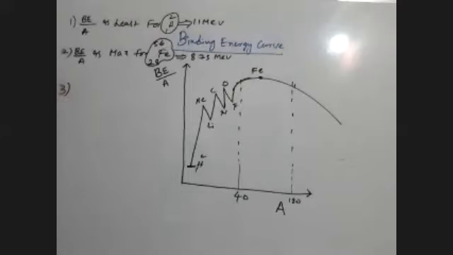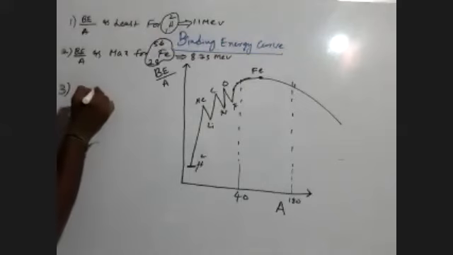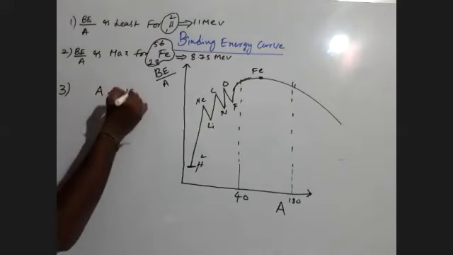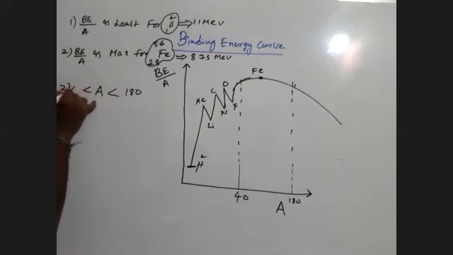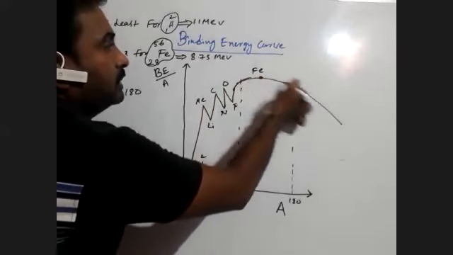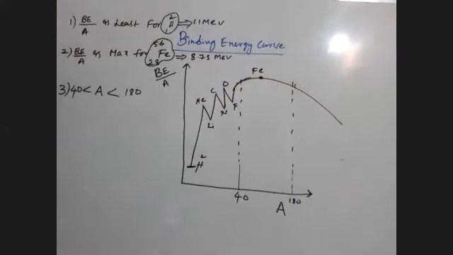And the third thing. For elements with mass number between 40 and 180, see the graph: of course it is not a straight line, but it is almost constant.